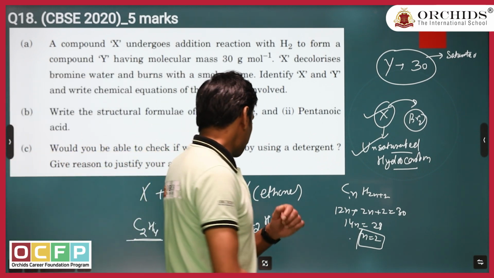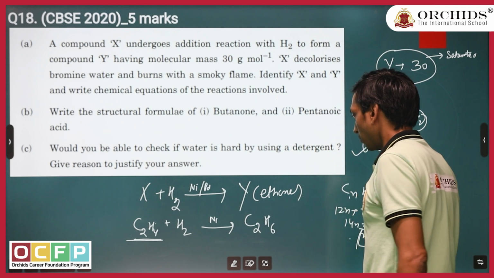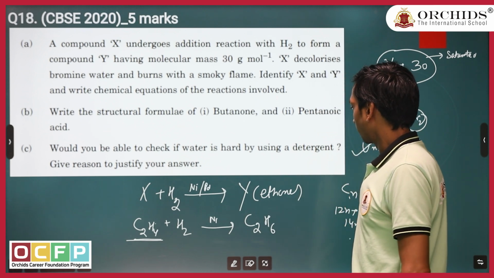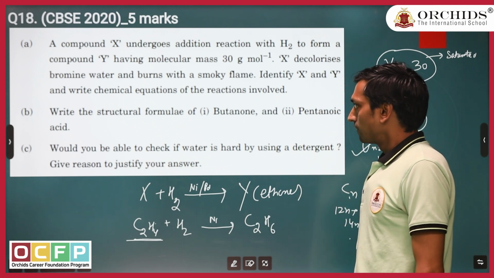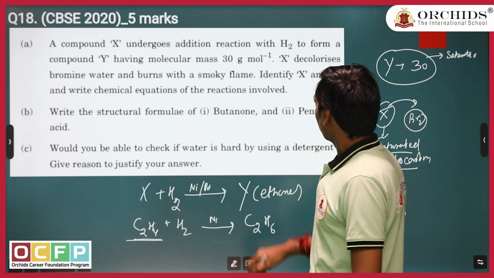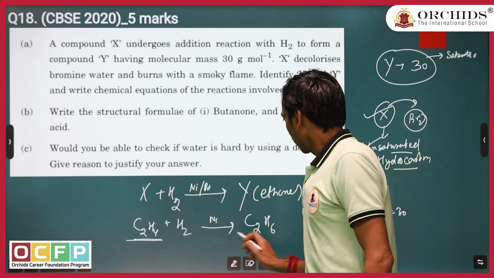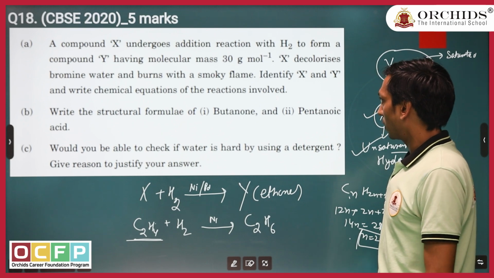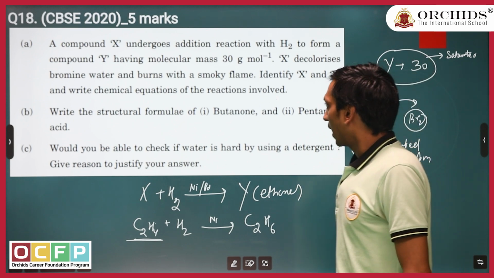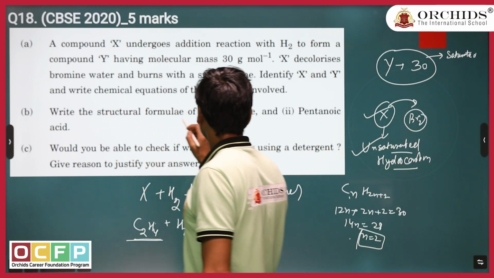Ethene plus hydrogen leads to the formation of ethane. So we concluded X is ethene and Y is ethane.